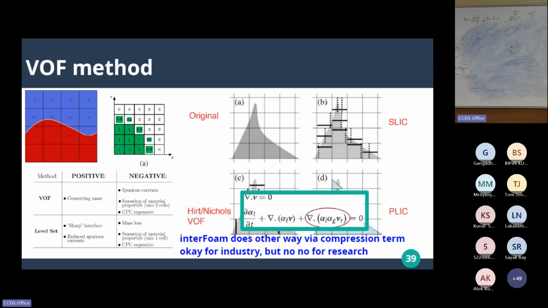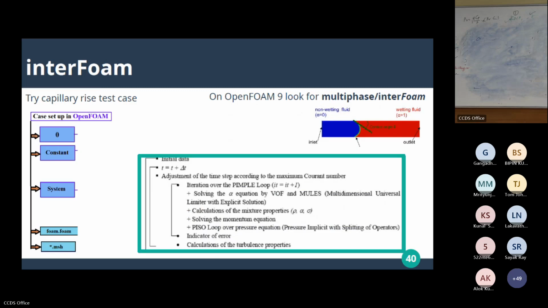So instead of VOF, people go with level set, or club VOF with level set, and so on. CLSVOF kind of things people use. Overall, how the algorithm really goes is, you will always have some initial data. You want to calculate the next time step.